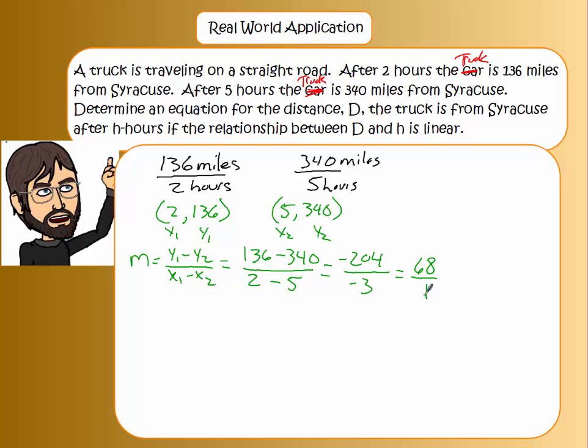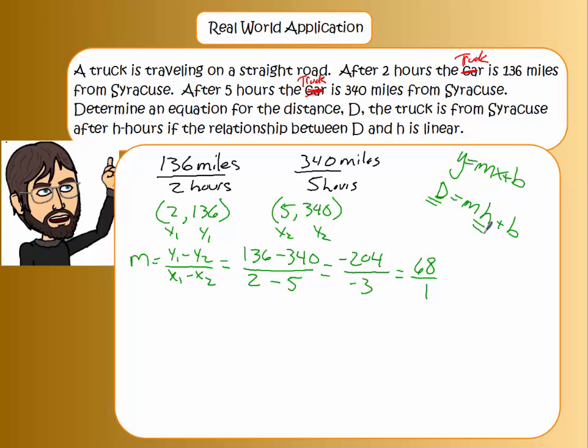So now what can we do? Well, we can figure out what the y-intercept is, right? Remember, we're going after this y equals mx plus b form, except in this case it's going to be the distance equals m times the hours plus b. So it's the same: independent is h and the dependent is d.